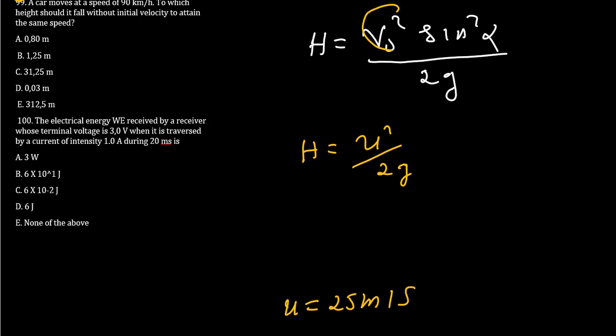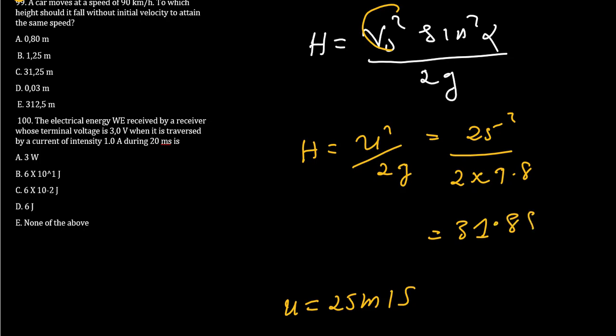The height is simply given by u squared over 2g, which is 25 squared divided by 2 times 9.8. So we get an approximate height of 31.88 meters.